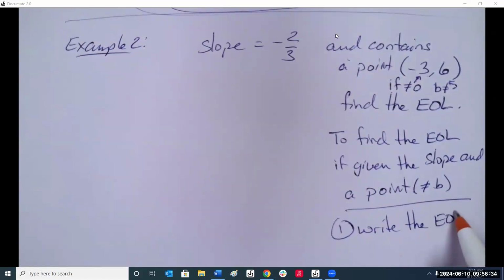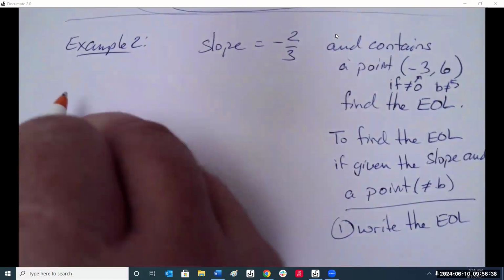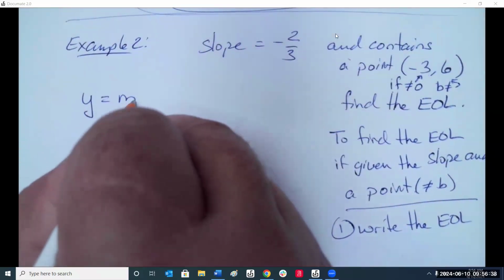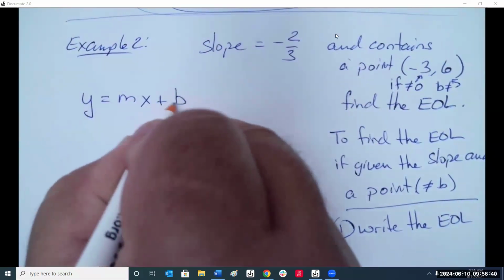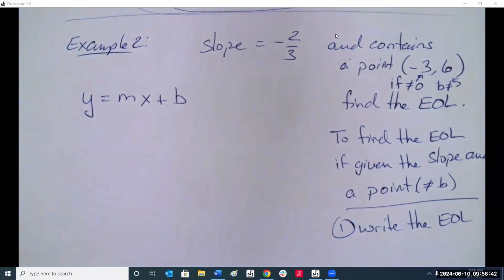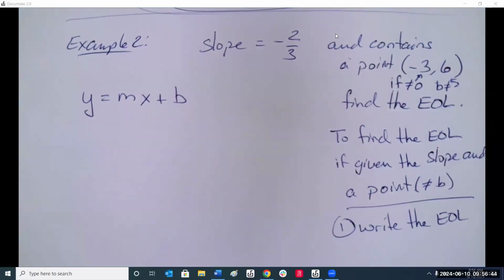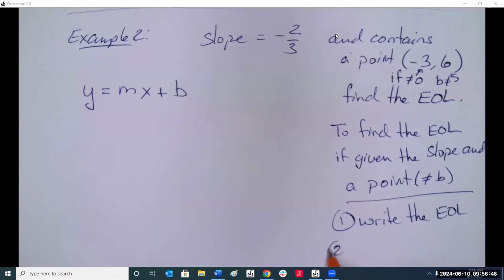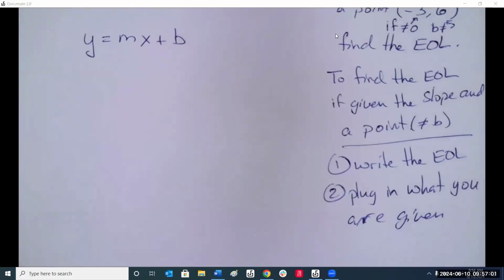Write the equation of the line, the formula, which is y equals mx plus b. Plug in what you're given.